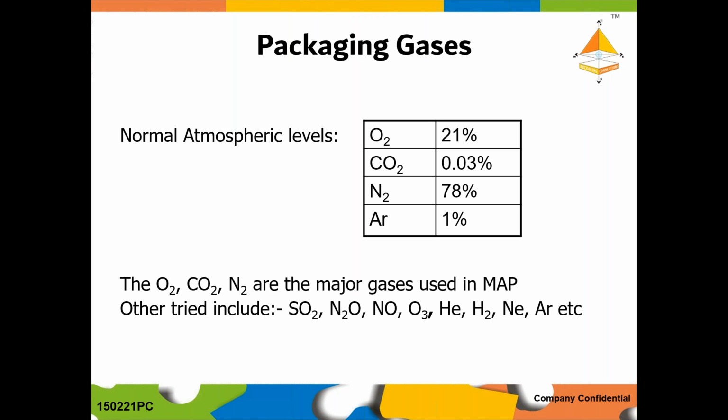Normal atmospheric levels: oxygen 21%, carbon dioxide 0.03%, nitrogen 78%, argon 1%. This is just the top line. And of course, there are other gases also which have been tried from time to time. But oxygen, carbon dioxide, and nitrogen are the major gases used.